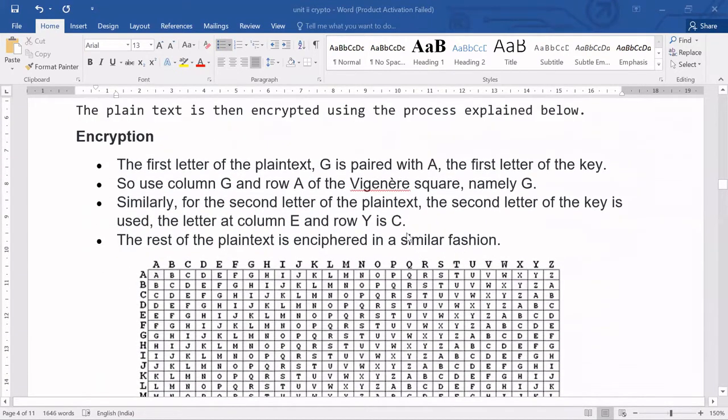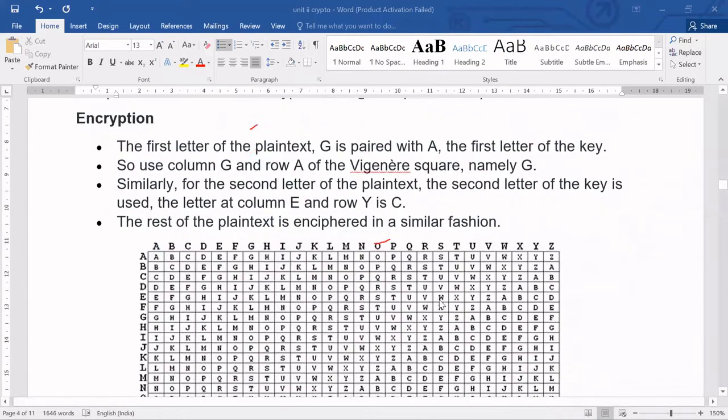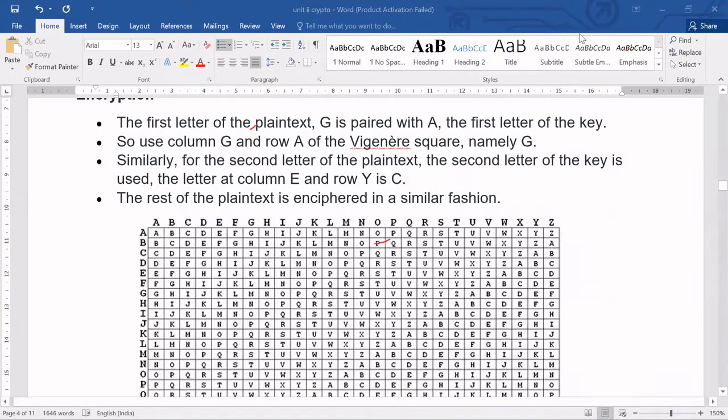So how does this encryption take place? What is the plain text? Geeks for geeks, and this is the keyword. The first characters matching are G with A. G is of the plain text and A is of the keyword. Let us see in the table, that is the Vigenère table, how this works.